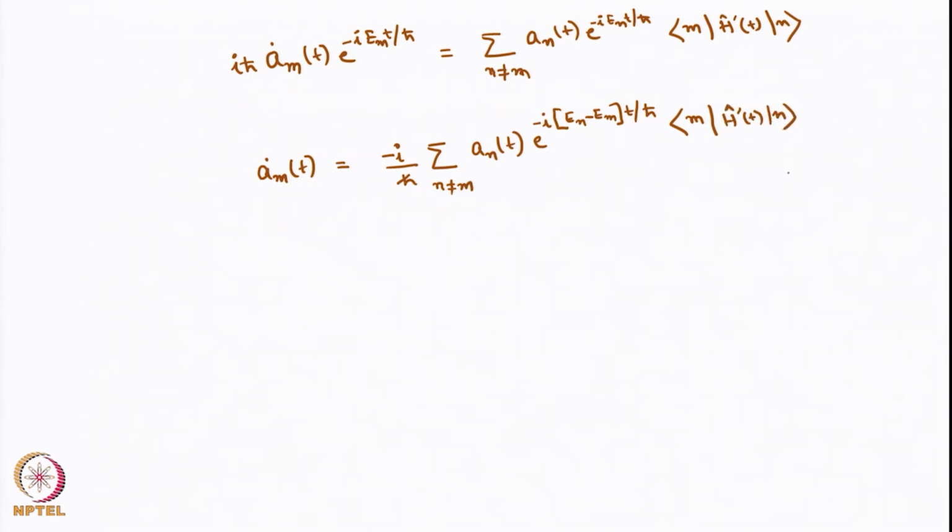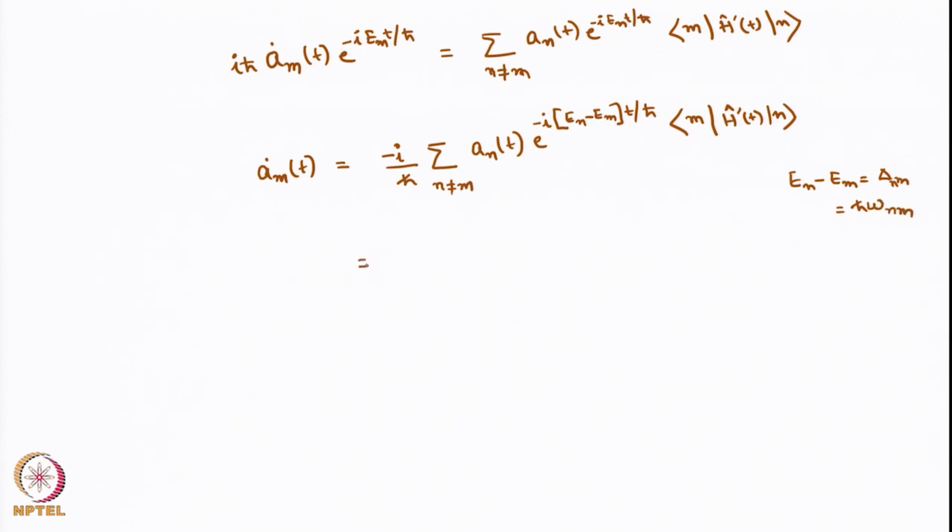Okay. Now you can say E_n minus E_m is equal to delta E_nm. This is nothing but h bar omega_nm.